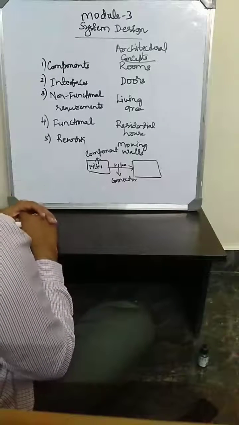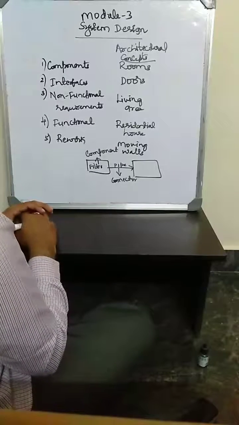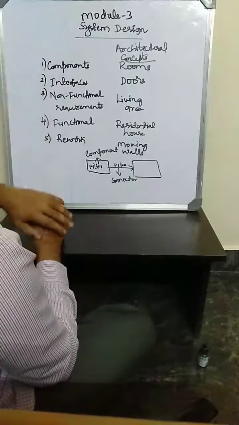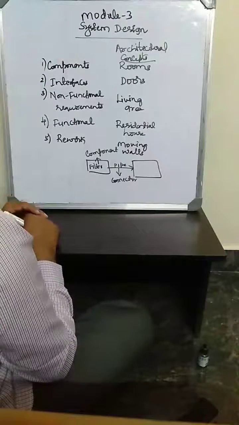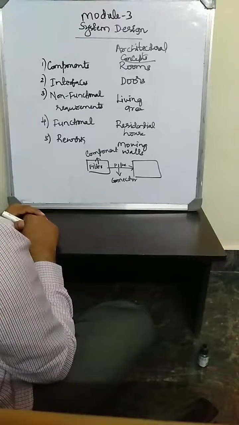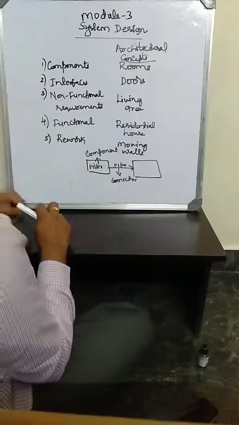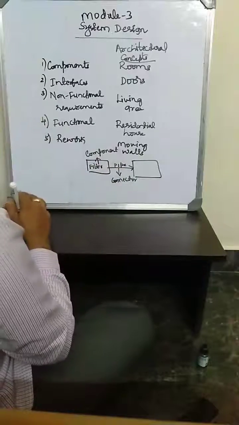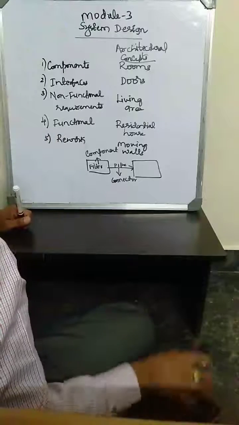How exactly we may map the architectural components with the possible requirements. So here components, you may call them rooms. Interfaces are nothing but doors. Non-functional requirements will be the living area, functional requirements will be residential house, and rework will be moving walls, because you may say it is a costly rework, since moving walls are very costly.